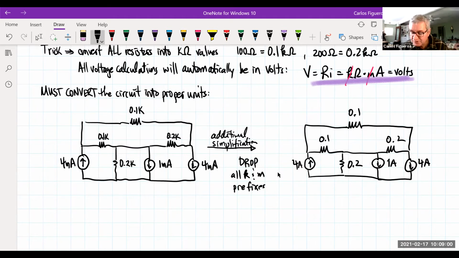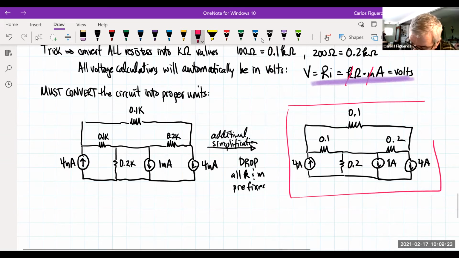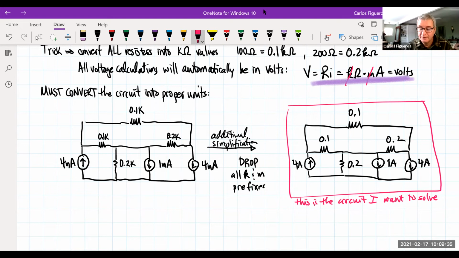If you look at this circuit, this is a much cleaner circuit than the other circuit. I don't have to deal with kilo, I don't have to deal with milli, and so I don't have to put those into my calculator. So now I'm going to do the counting. This is the circuit I want to solve.